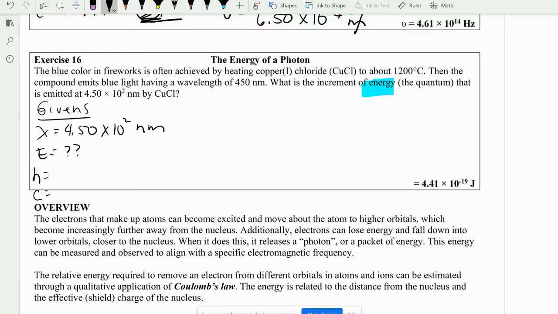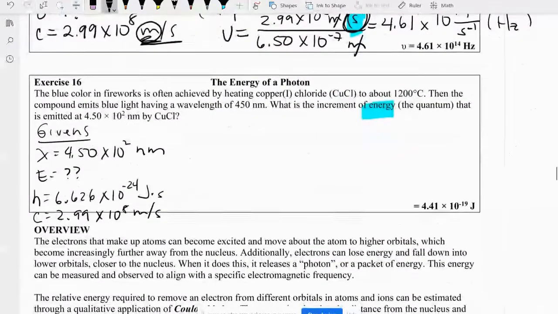If you go back up, Planck's constant is 6.626 times 10 to the minus 24 joules seconds. And the speed of light was 2.99 times 10 to the 8 meters per second. Remember those constants, you don't need to memorize, they are given to you. So at the end of the day, if I write both of my equations, I'll go ahead and just port them down.